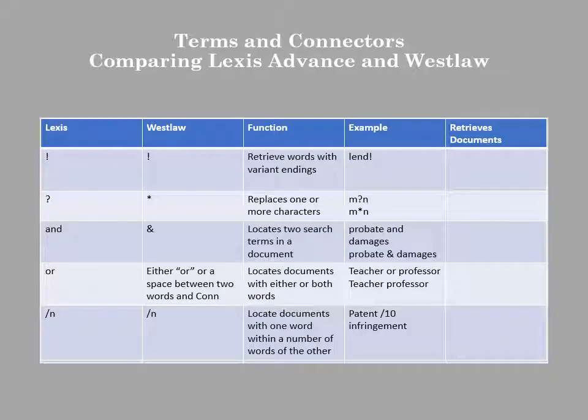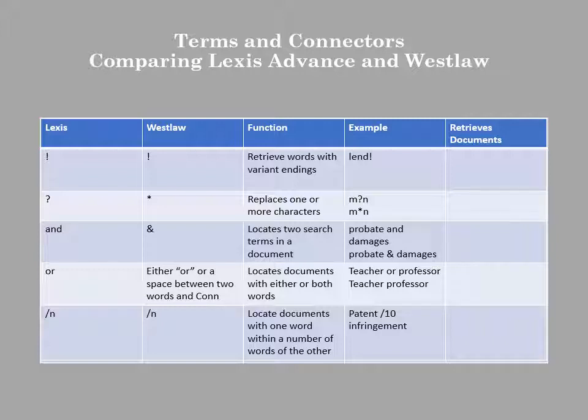So here are the terms and connectors. You got a couple of slides here that outline the terms and connectors for Lexis and for Westlaw, and they tell you what they do and give you examples.